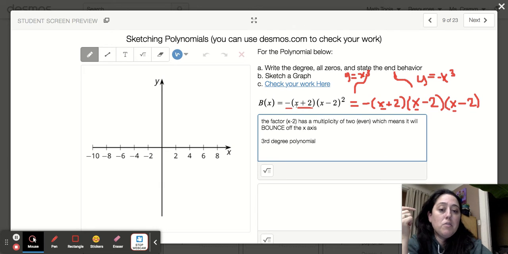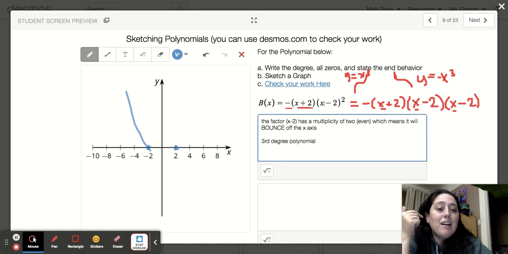So again, your zeros will be at -2 and at +2. All right. So remember, it's negative. So I'm starting up here. This -2 doesn't have a multiplicity. I'm going to go straight through it, right? I only see it once here, right? -2 would be here because -2 + 2 is 0.